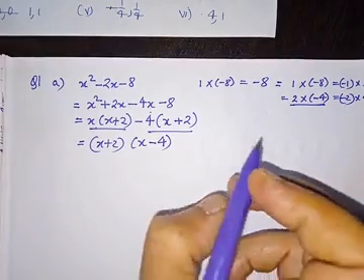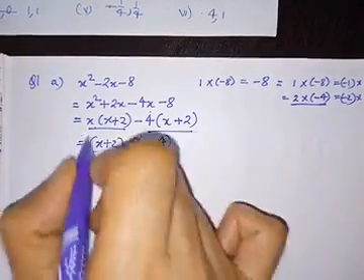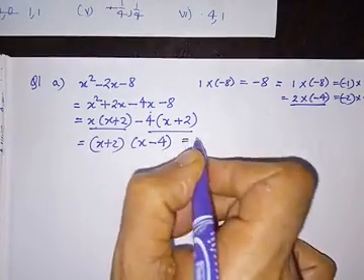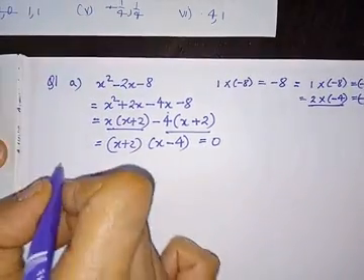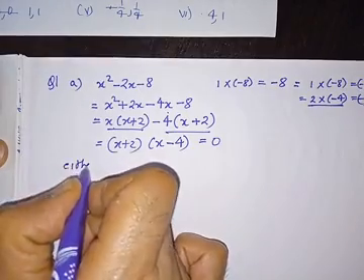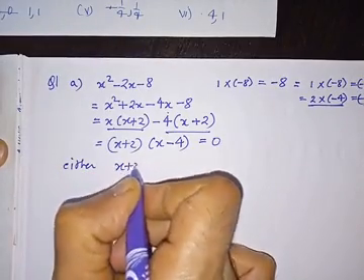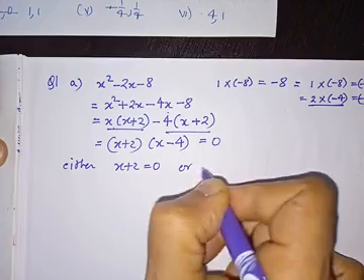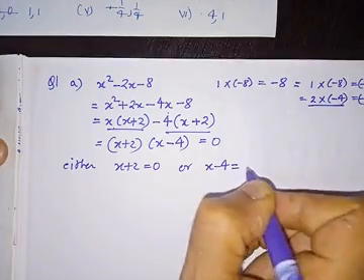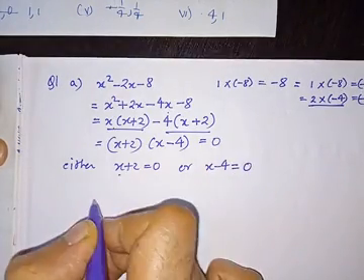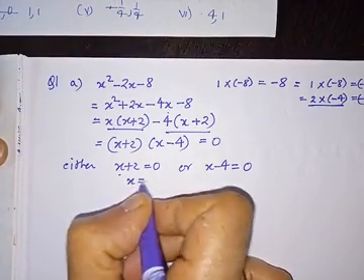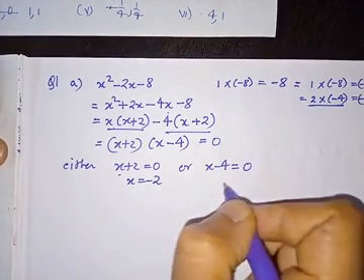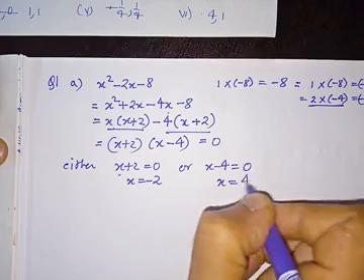We have to find the zeros. That means we have to find the value of x which makes this polynomial equal to 0. This shows either x plus 2 equals 0 or x minus 4 equals 0. Now if x plus 2 equals 0, then x equals minus 2, and if x minus 4 equals 0, then x equals 4.